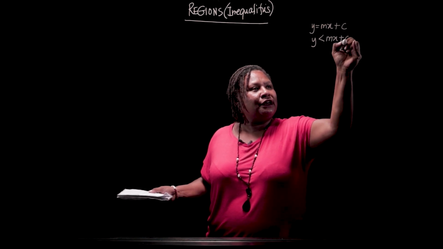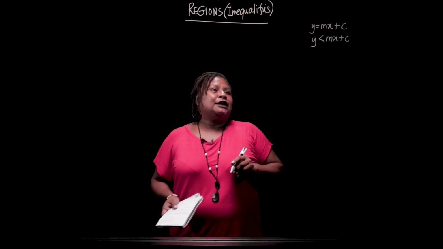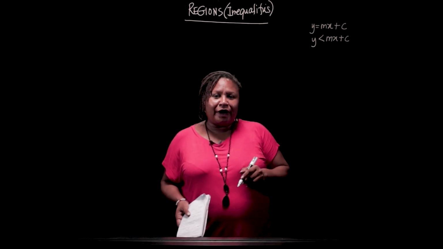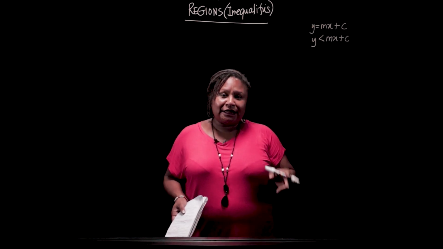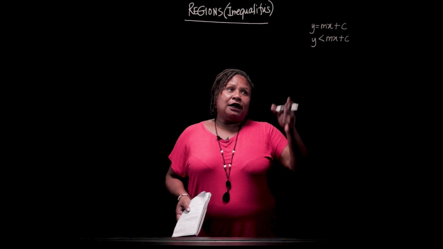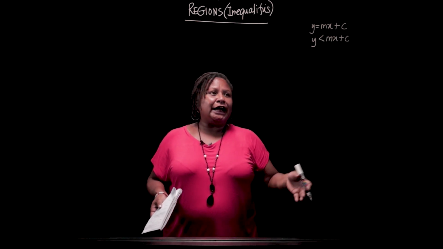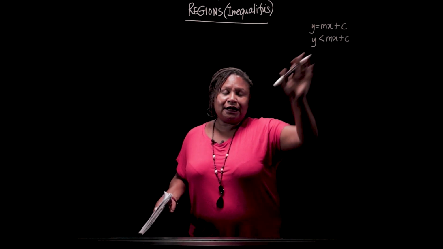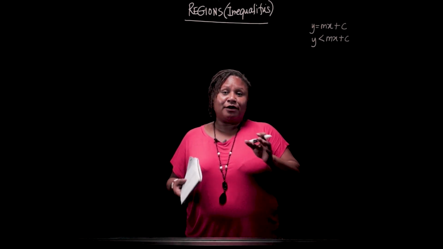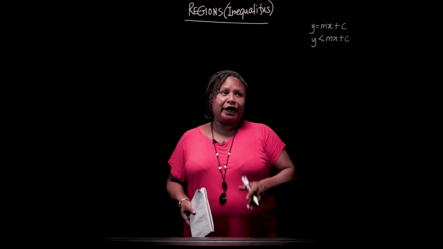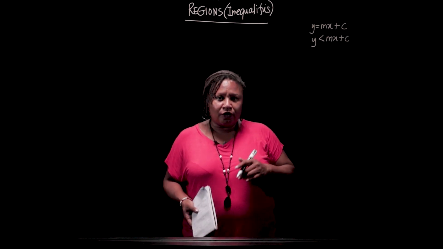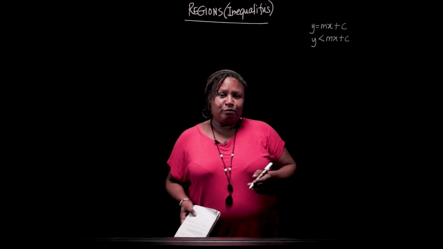Now, inequalities define regions on a Cartesian plane. The equation gives a set of points on a straight line, and an inequality is what defines the region that is formed when a line is drawn on a Cartesian plane.